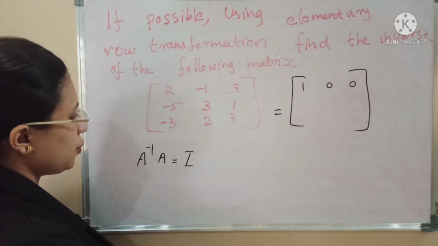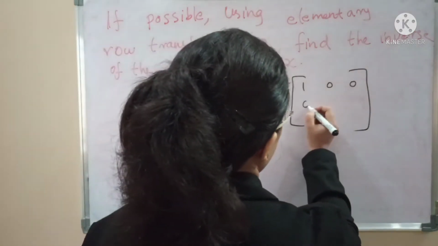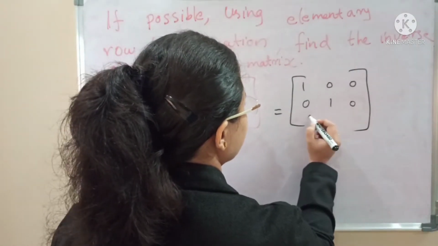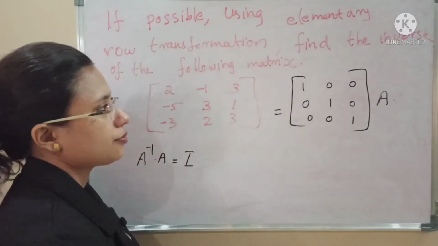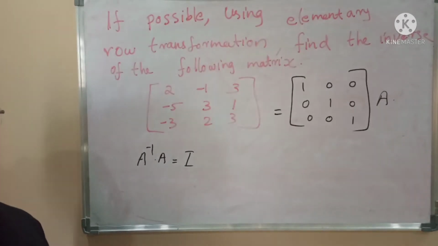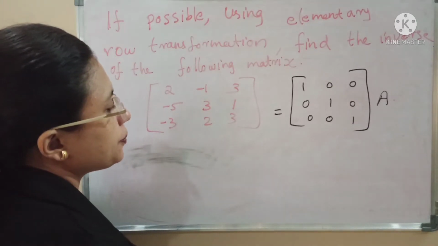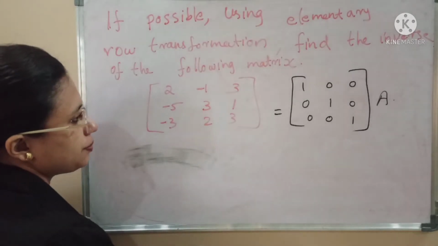So we can write the identity matrix. Now we'll find the inverse of A by using row transformation.